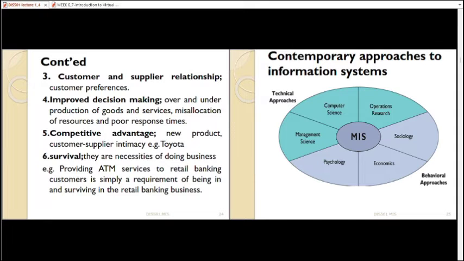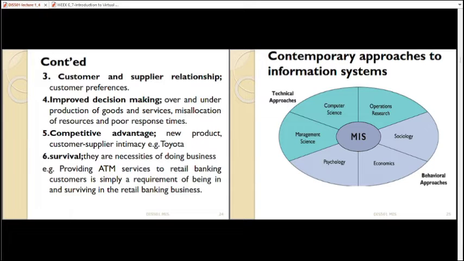There's a whole kind of research that goes into ensuring that an information system is operational. We talked about the technology itself, and those are the technical approaches that will need to be implemented. So they are from management science, computer science, and operations research. All that falls under the technical approaches.